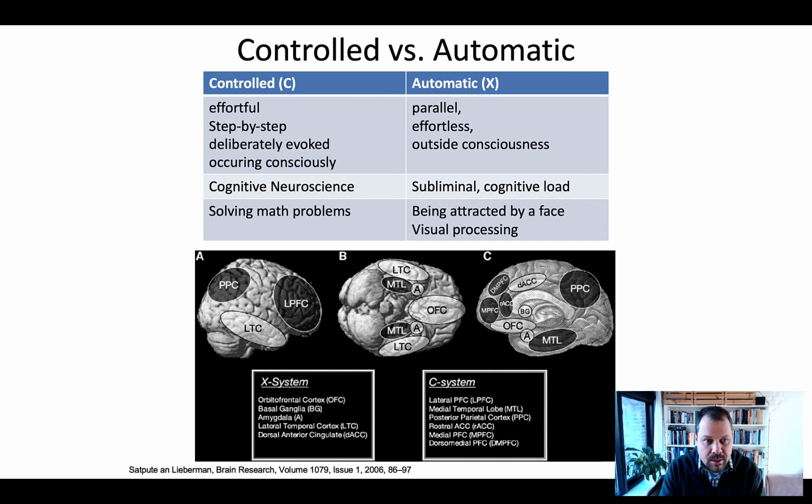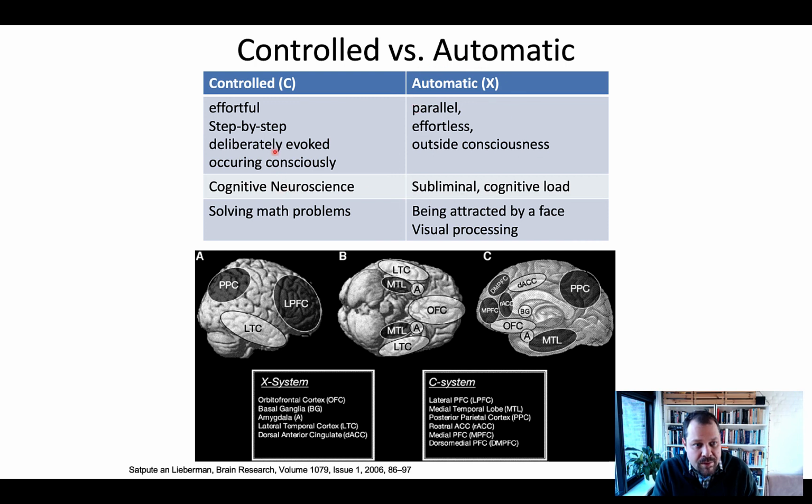In fact, this is what's been demonstrated in earlier neuroimaging studies, the fact that there is a distinction between controlled and automatic processes that can also be found within the brain. And this is exactly what this slide here is showing, namely the results from a meta-analysis that proposes this sort of dual process model within the brain. And what we see here are a controlled network and an automatic network.